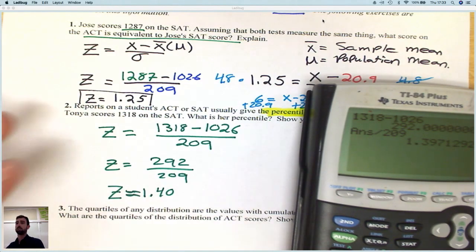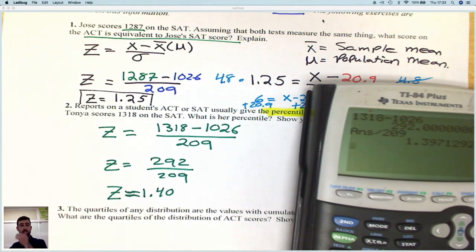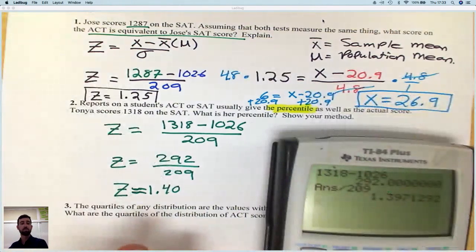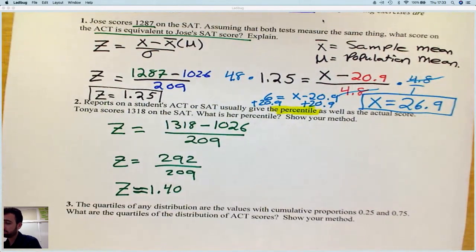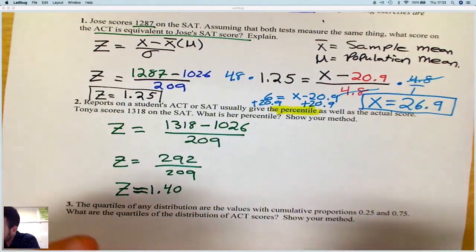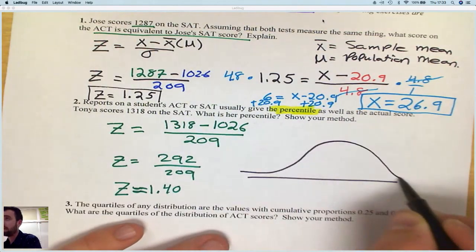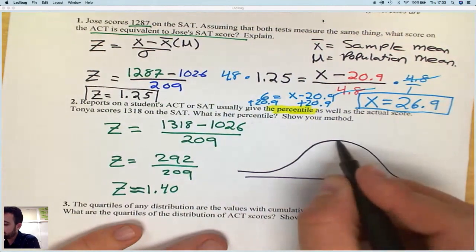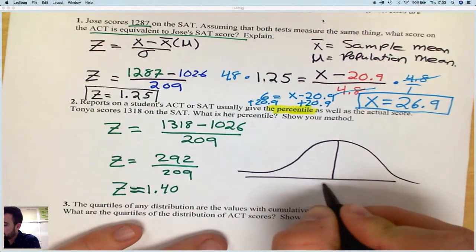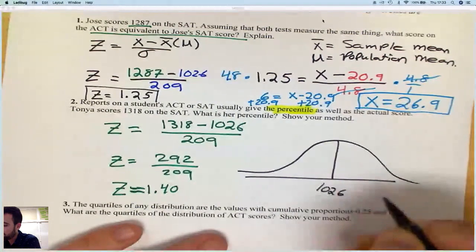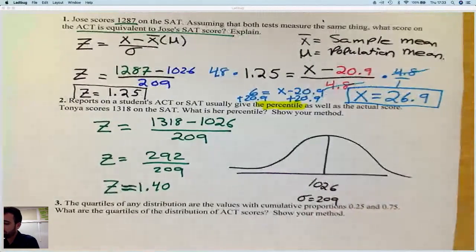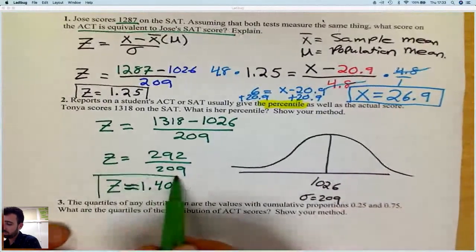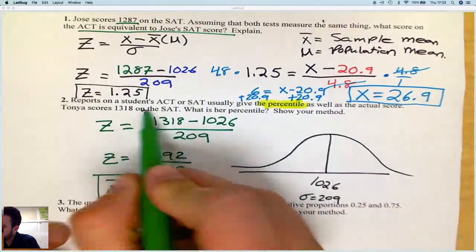Now I'm going to stop for a second because remember, this tells you how many standard deviations away from the average you are. So what this is saying is, if we have our data and our average is 1026 with a standard deviation of 209, what percentile would this score be?